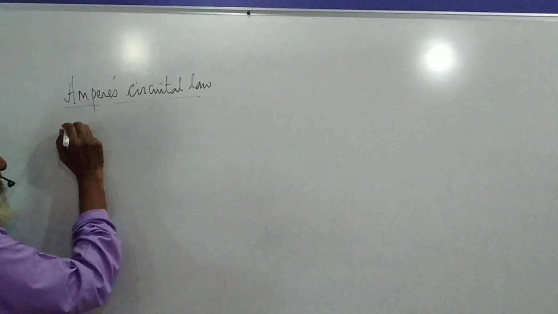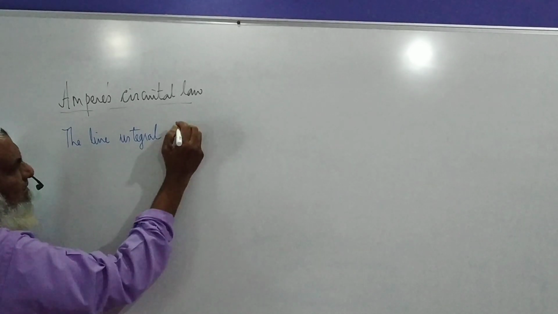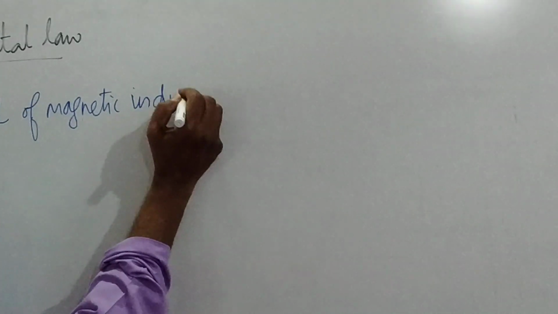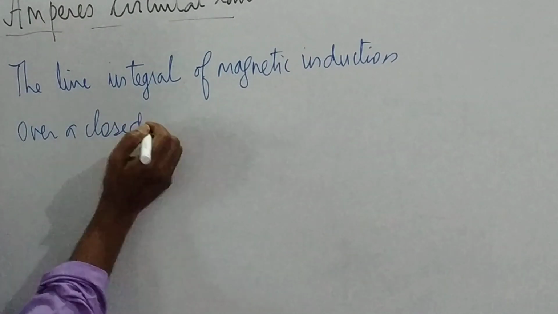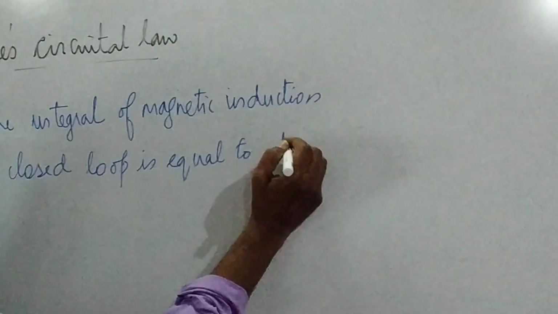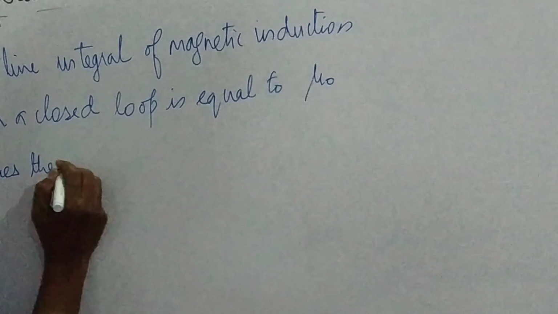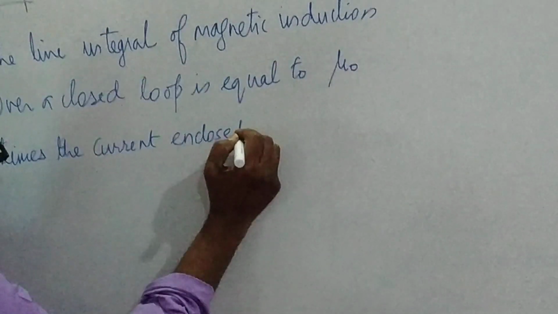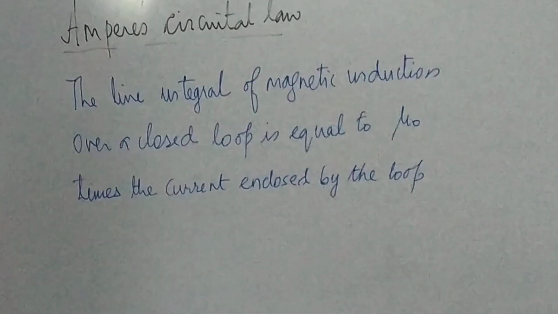Suppose you have a closed loop, then you have to take the line integral of magnetic induction over that closed loop is equal to magnetic permeability of free space times the current enclosed by the loop. This is what I can call as the Ampere's circuital law.